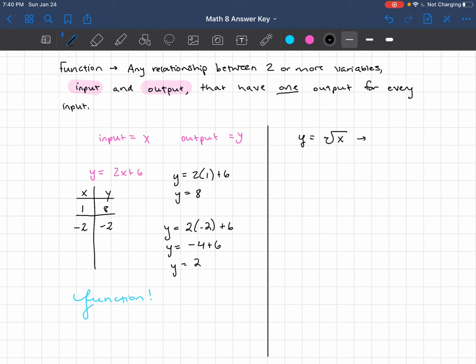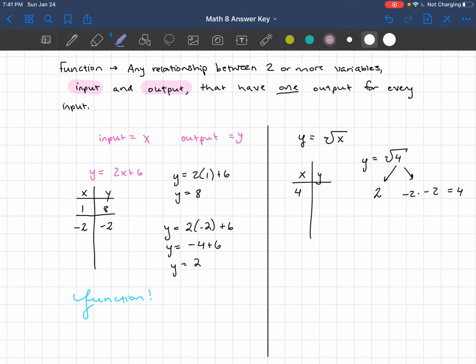However, let's say that I have this y equals the square root of x. Well, if I put in, let's say I put in 16 for x. So let's make our little chart again here. What happens if we plug in the number x equals 4? We would have to take the square root of 4. So what this is asking us is what number times itself equals 4. The problem with this is your first instinct is to respond 2, because 2 times 2 equals 4.